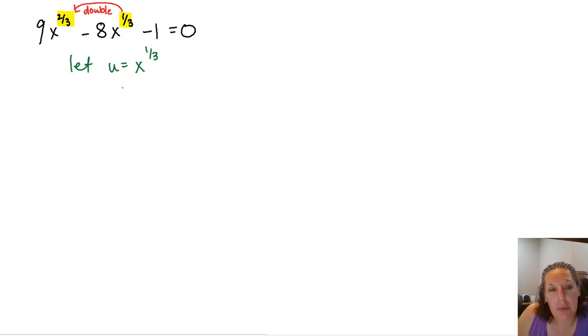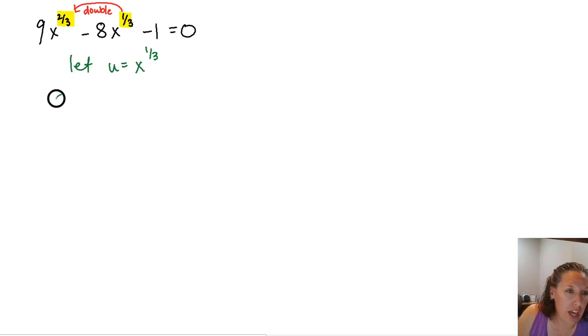And I say that it's going to be the smallest one in magnitude. We could have negative exponents, and it's just going to work the exact same way. You're always going to want your u to substitute into the x that is the power that is closest to 0, or the smallest number as far as an absolute value is concerned.